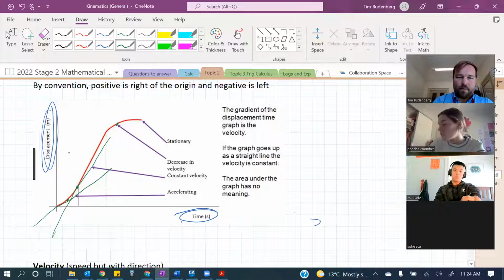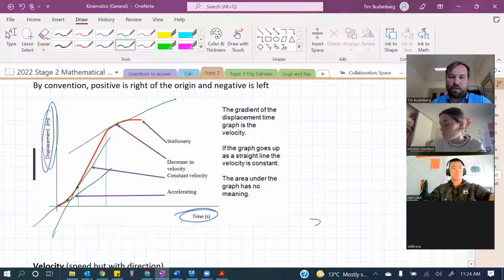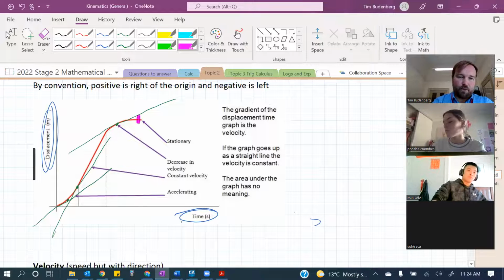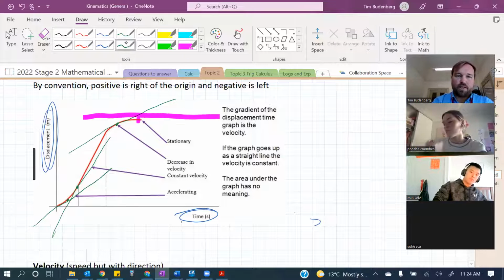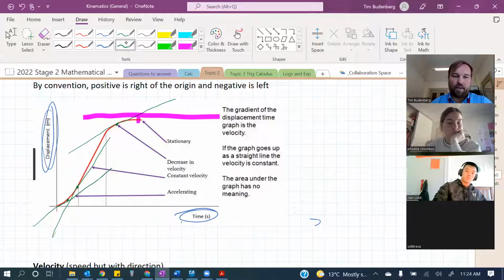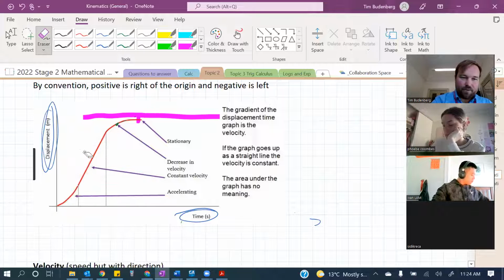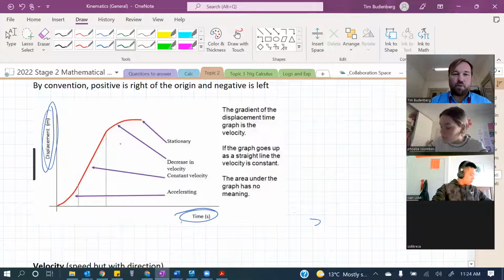At this point here, it's slowing down, its velocity is lower. And finally, at this point in purple, the velocity is 0. The slope is flat. So as the curve changes, we can say that the slope of the displacement curve is the velocity, which is pretty cool.